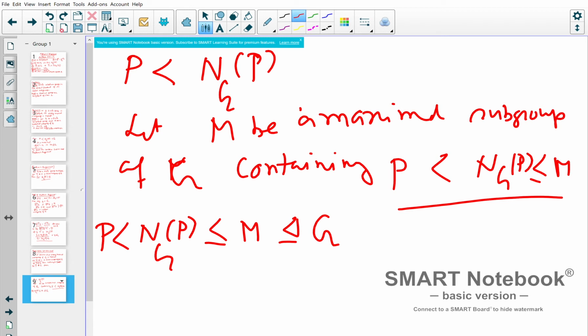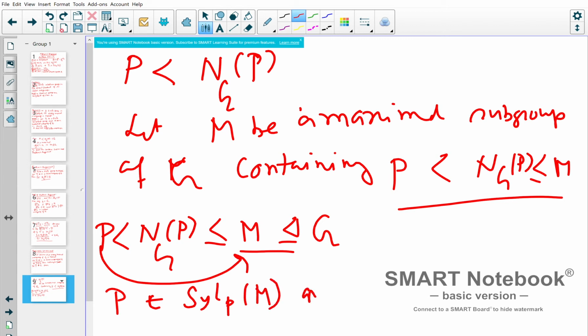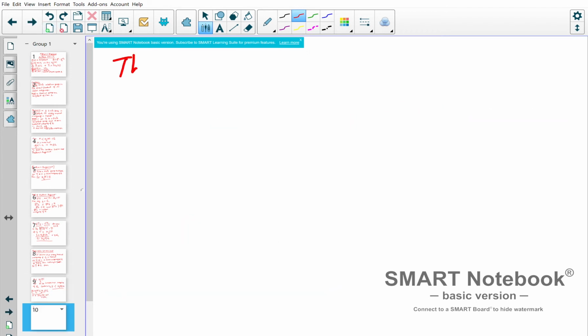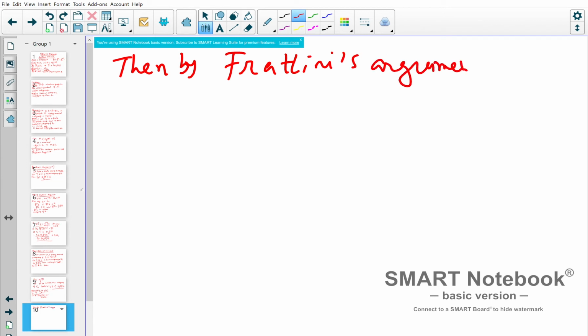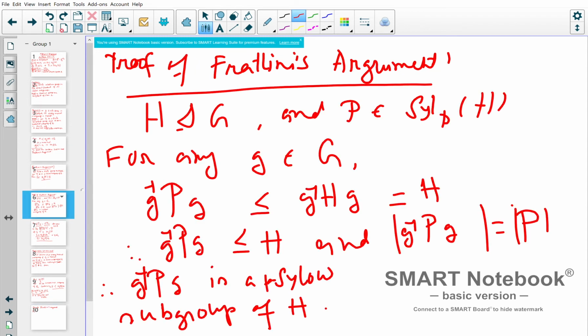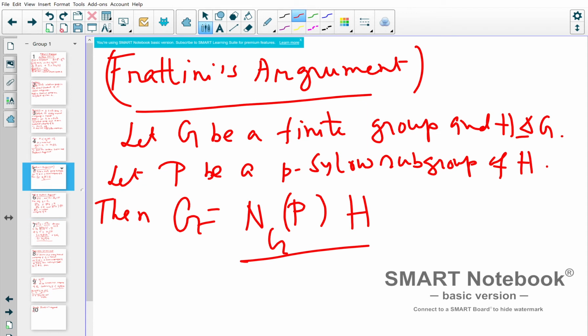Then what does Frattini's argument tell you? Now, M is normal and P is a Sylow subgroup of M. By Frattini's argument, G can be written as the normalizer of P in G times H, with H equal to M here.